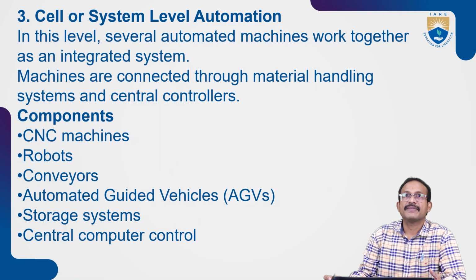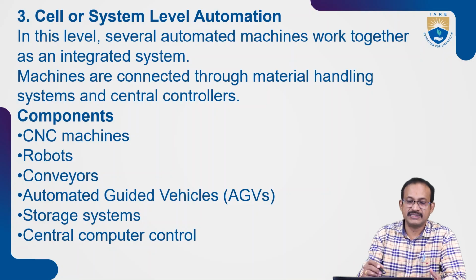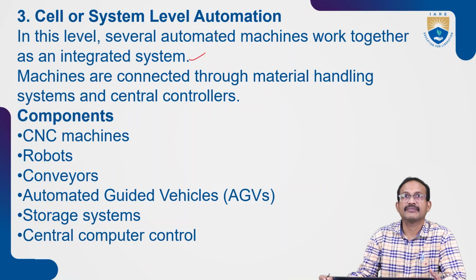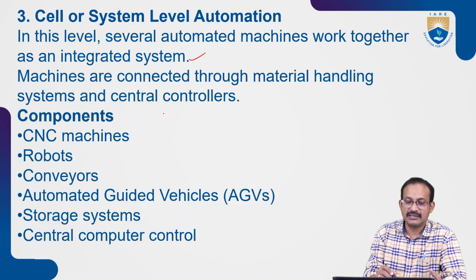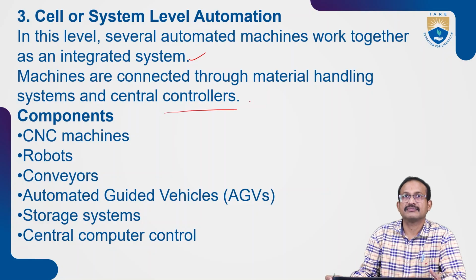Next, the third one: cell or system level automation. At this level, several automated machines work together as an integrated system. Machines are connected through material handling systems and central controllers.